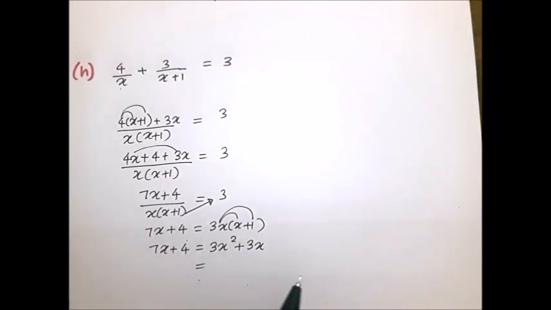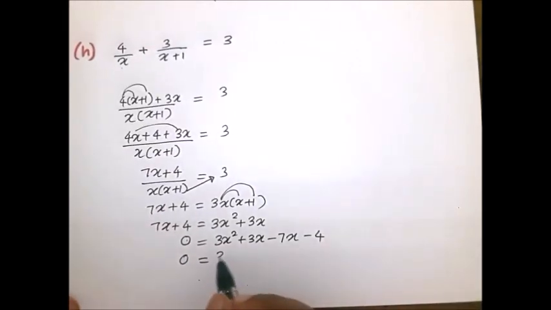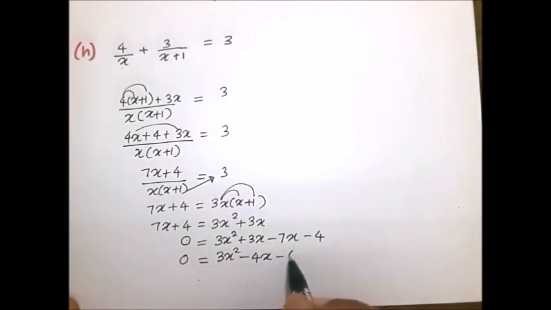So you have to take all terms into right hand side and arrange left hand side as 0. Plus 7x become minus 7x and here plus 4 become minus 4. Now take the simplest one. 3x to the power 2 here 7 and 3 minus 4x and minus 4.